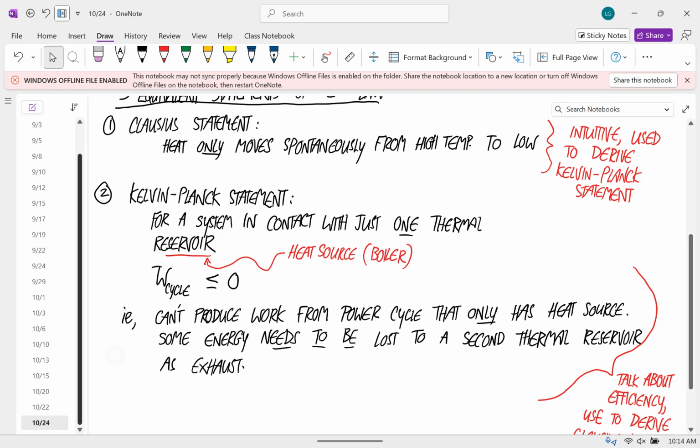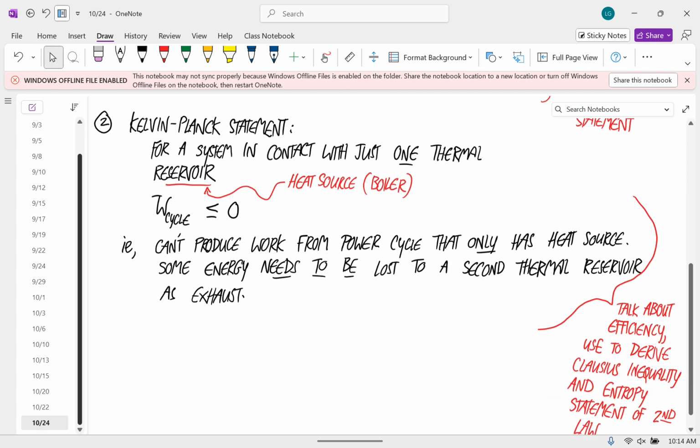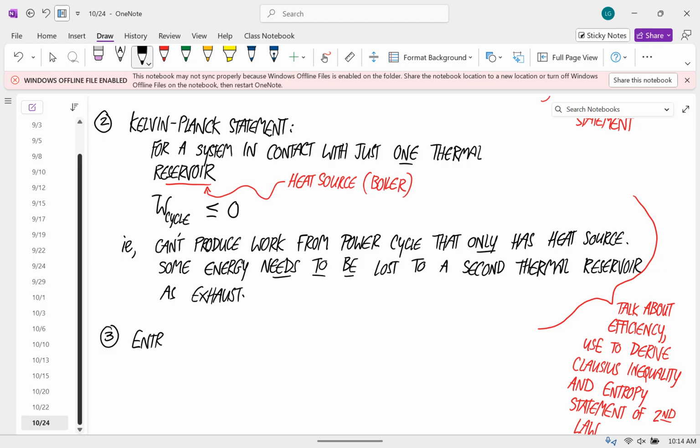Okay, so we got these two. I'm definitely going to, at some point, be asking questions about these on quizzes, so you want to go back and remember these things, remember these relationships. And then third, most important to us, is the entropy statement of the second law.